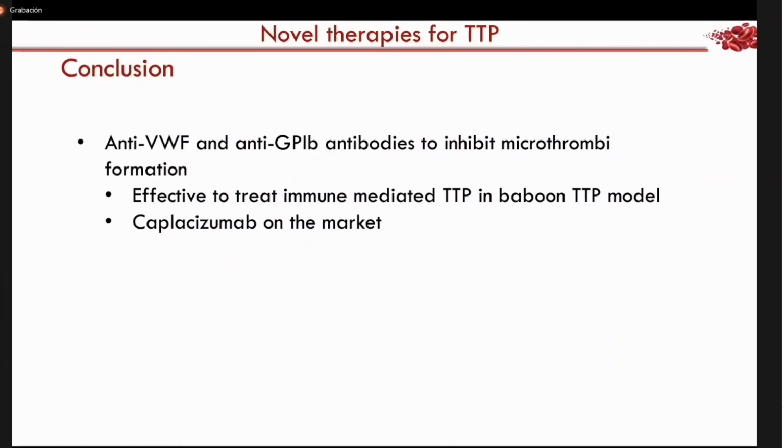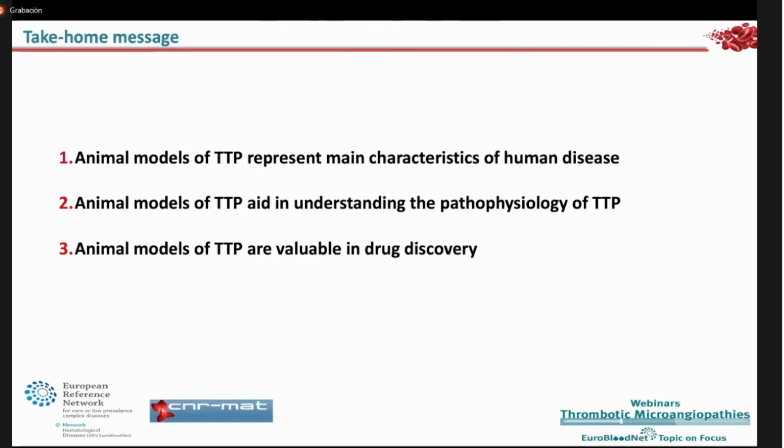Anti-VWF and anti-GP1B antibodies that inhibit the microthrombi formation are also very valuable, as we and then later Uplink showed that they are very effective in treating immune-mediated TTP in the baboon model. And yeah, this is clearly reflected by the success of caplacizumab treatment of iTTP patients.